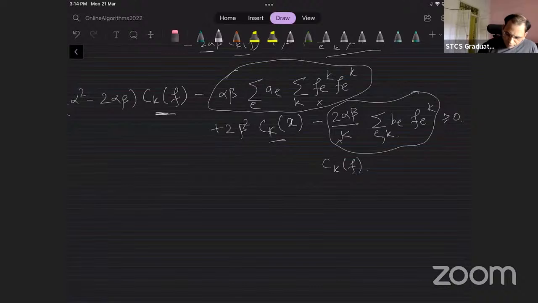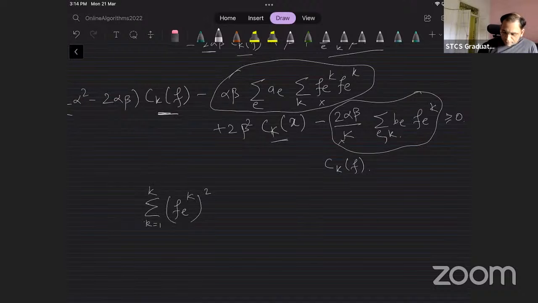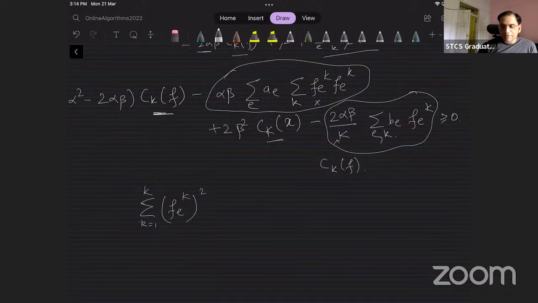So what do I want? I want first a lower bound on this quantity. So what's the easiest lower bound you can tell me, which is like universal? What kind of function is f_k whole square?